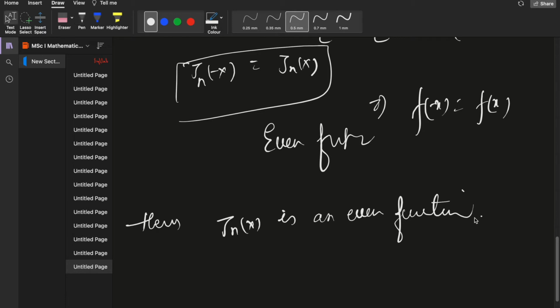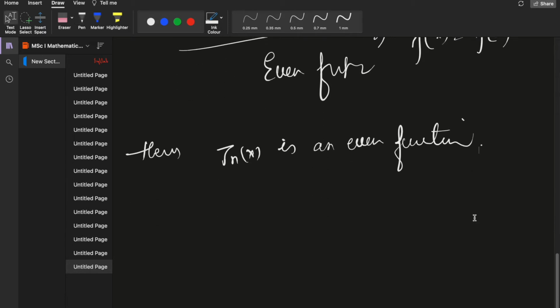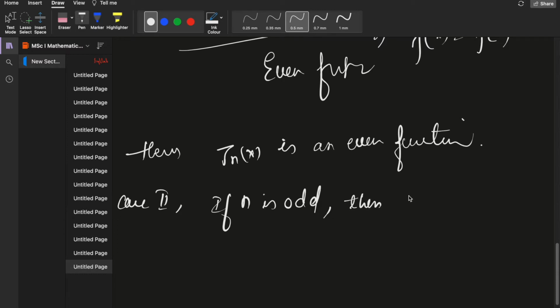Alright. Now to justify the second case, case 2: if n is odd, then n plus 2r is odd. Why? n is odd and 2r is always even.